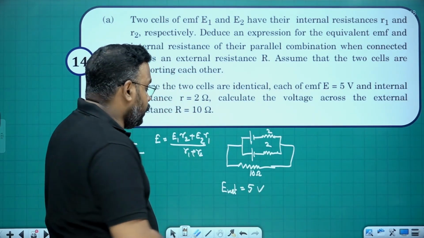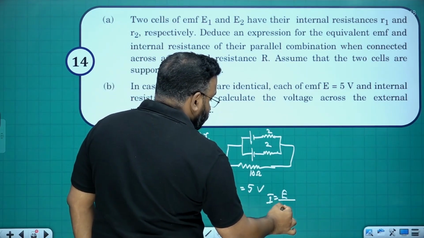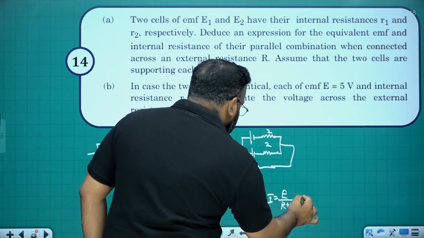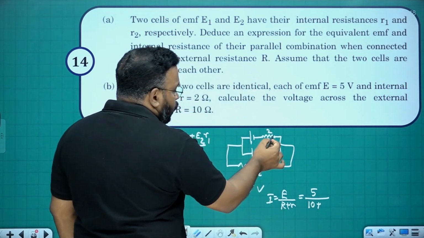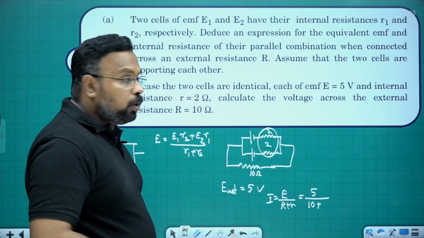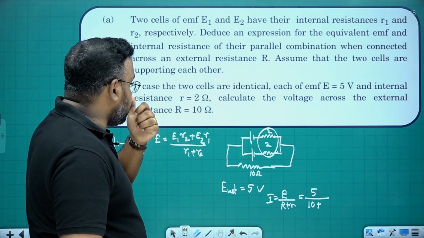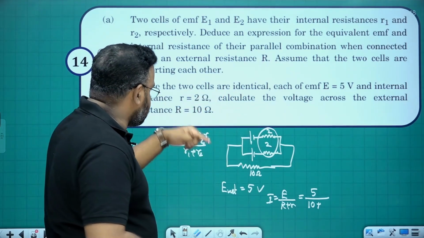5 volt. And I is equal to E by R plus r. So I is equal to 5 divided by external resistance 10 plus r, the total internal resistance. Total internal resistance: 2 ohm and 2 ohm are in parallel, so the equivalent resistance becomes half.